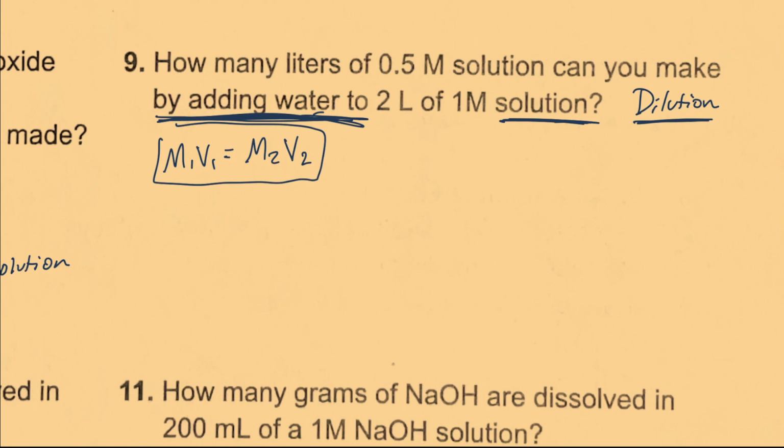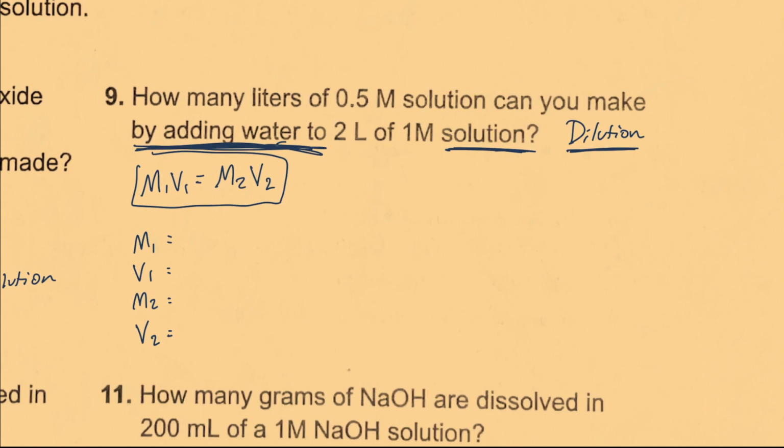And then remember how to use it. First, we're going to identify all of our variables here. So this says how many liters of 0.5 molar solution can you make by adding water to 2 liters of 1 molar solution.